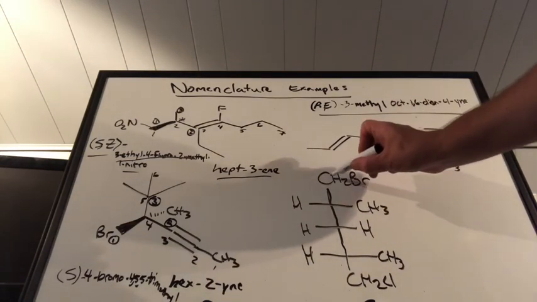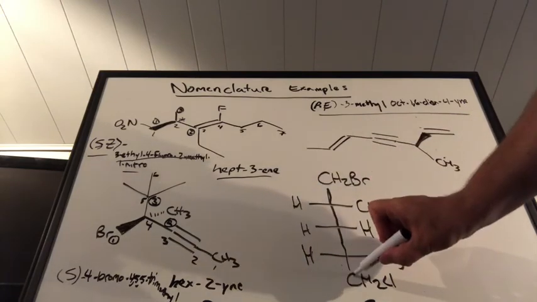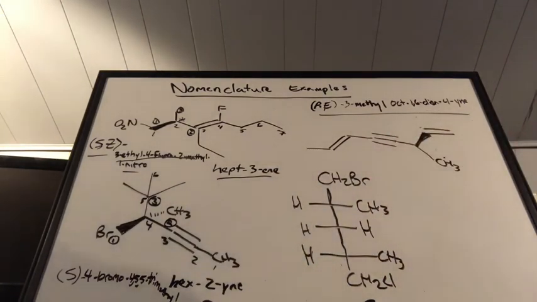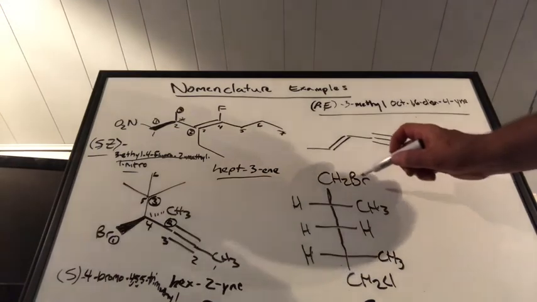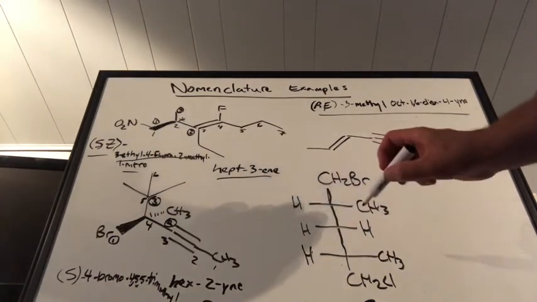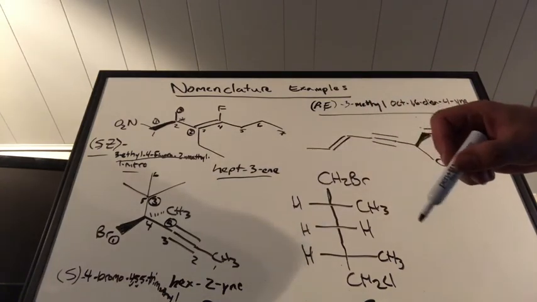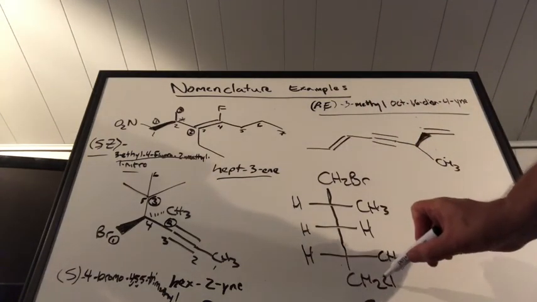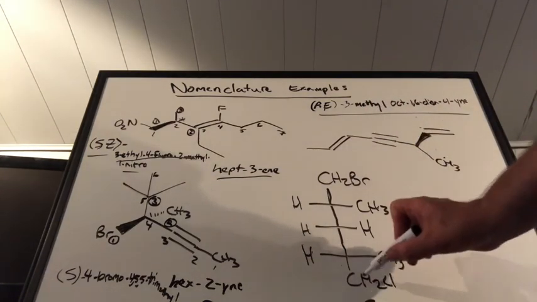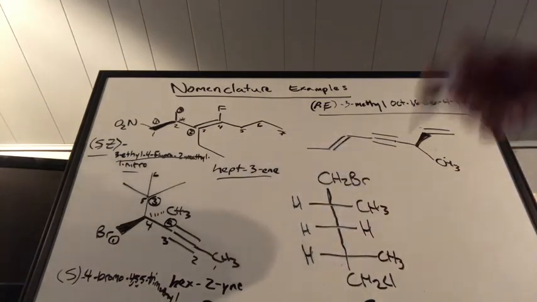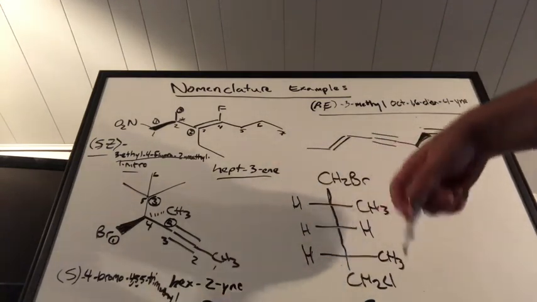Now, if we had this, this would be at the 1 and 5. So in other words, we could have bromomethyl, chloromethyl, branching off of 2 and 4 respectively.